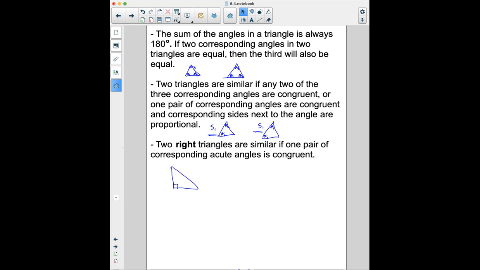If one pair of corresponding acute angles are congruent, so if these two angles equal one another, these two triangles will be similar because this angle and this angle must equal one another. If we know the right angle here and this theta and this theta, then these triangles are similar.